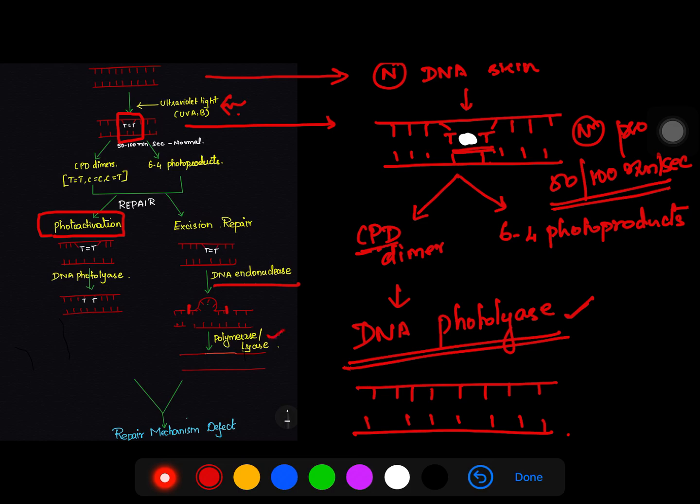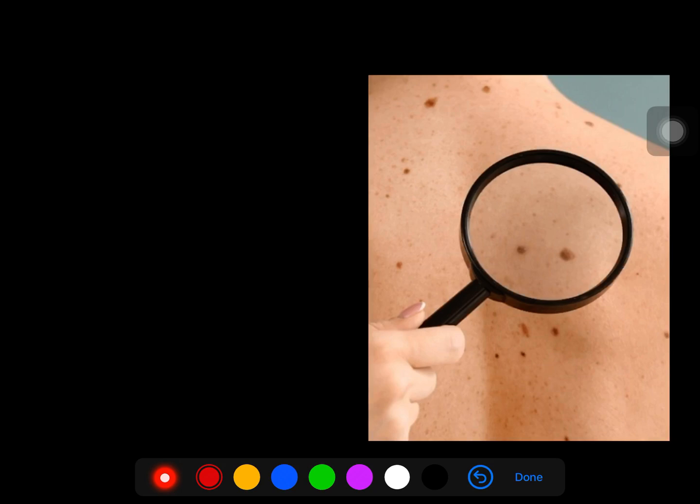But at the end, if this repairing mechanism is not functioning properly, what will happen? That is a very important clinical condition. If the repairing mechanism is defective in thymine dimer formation, it will lead to a clinical condition called, what is this?